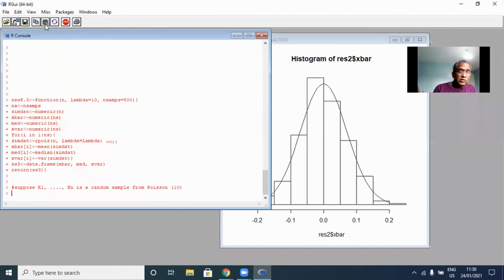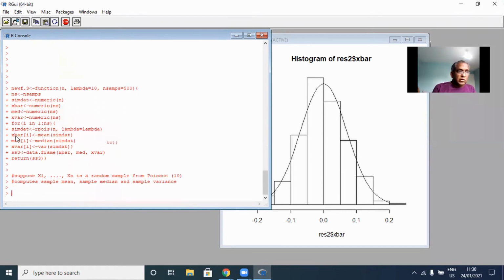The function computes the sample mean, the sample median, and also the sample variance. These are the three commands: this command computes the sample mean, this computes the sample median, and this computes the sample variance, all for a sample simulated from a Poisson distribution with lambda equal to 10.